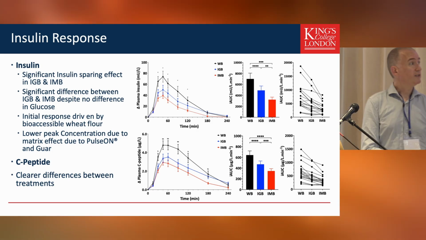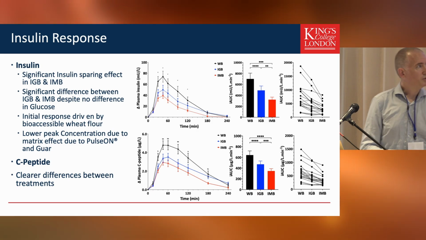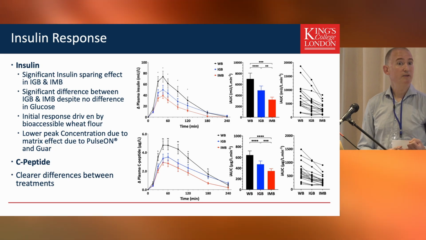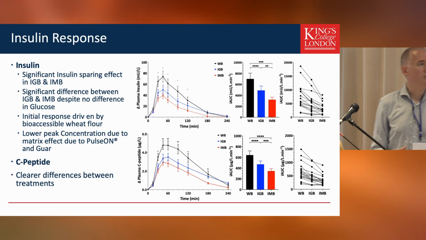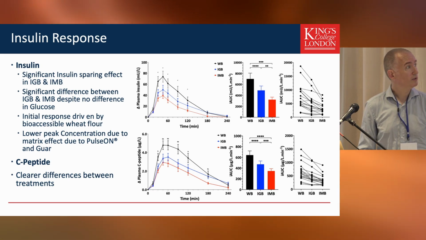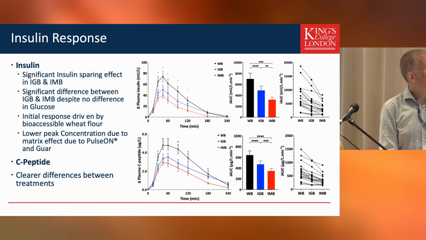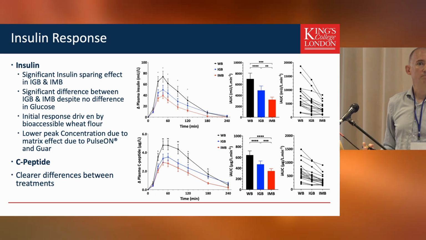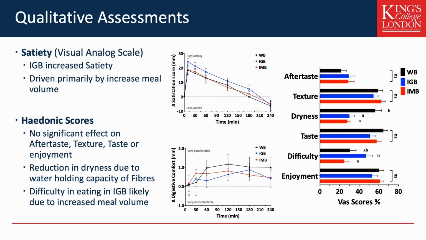In terms of satiety, as you might expect, the isoglycidic bread, which was significantly larger and greater mass for the meal because the fibre results in a higher moisture content, showed a significant increase in satiety. But again, we think that this is just a mass effect of the total meal rather than anything specific.